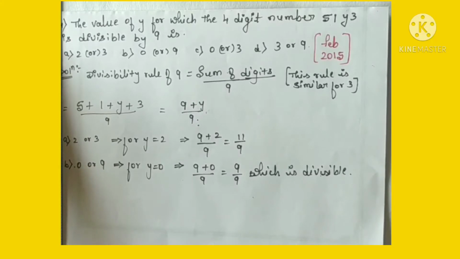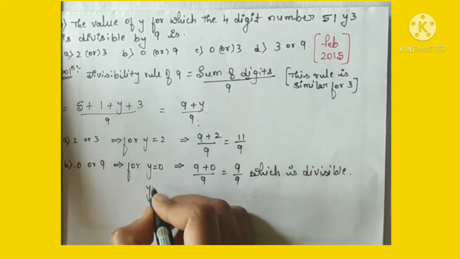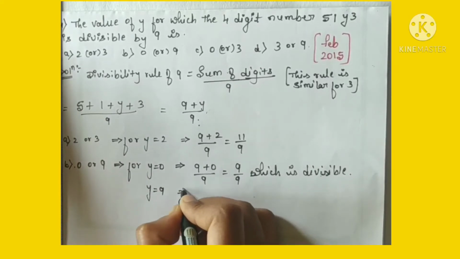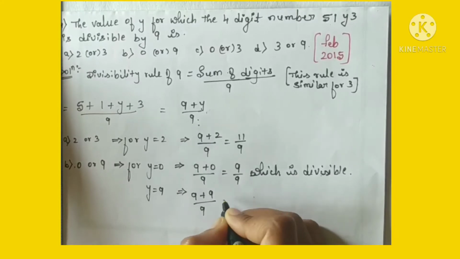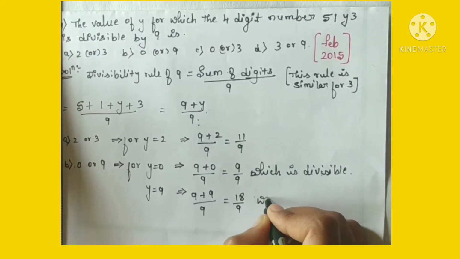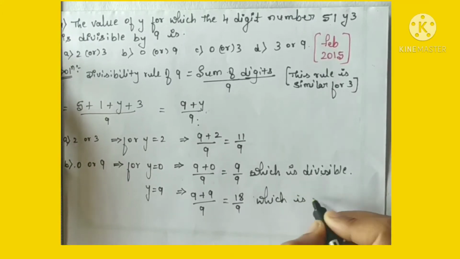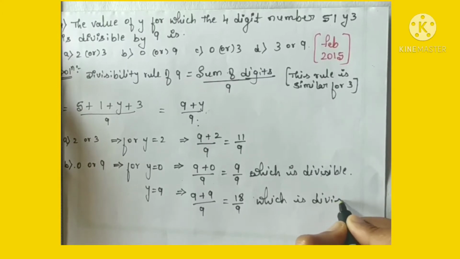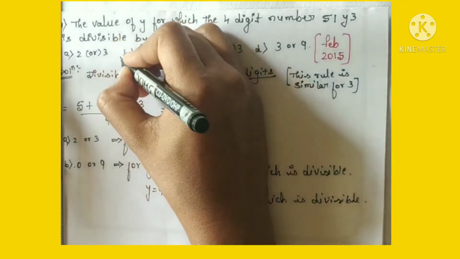So now we have to check the divisibility rule for 9 also. Put y is equal to 9. Then 9 plus 9 divided by 9. So 18 by 9, which is also divisible. 9 twos are 18, which is divisible. So here it satisfies both 0 and 9. So here the correct option is option number B.